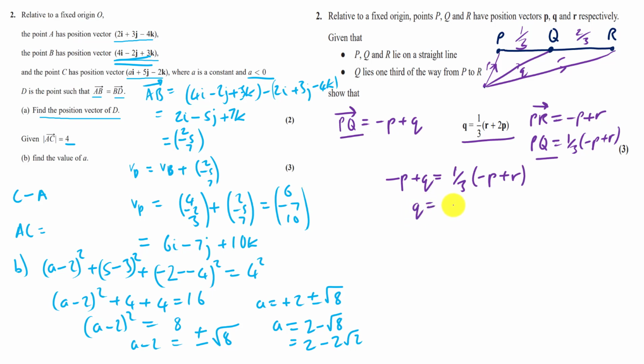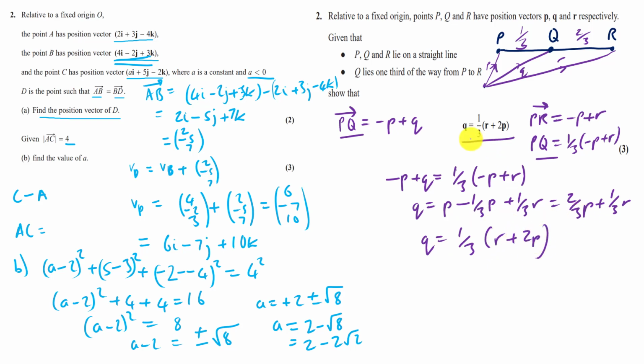So Q is going to be equal to P minus 1/3 P plus 1/3 R. Now that simplifies to 2/3 P plus 1/3 R. You can see here that 2/3, that makes 2P, and we've shown this at the start.